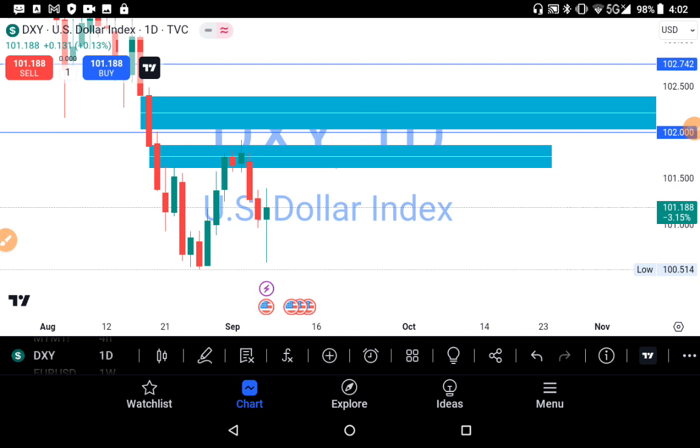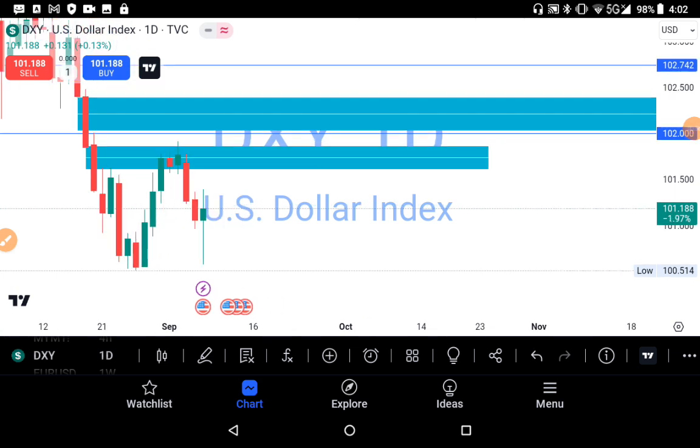As of last week, I was interested in dollar index delivering 102,000 and 102,742, but the market price is yet to deliver that level.